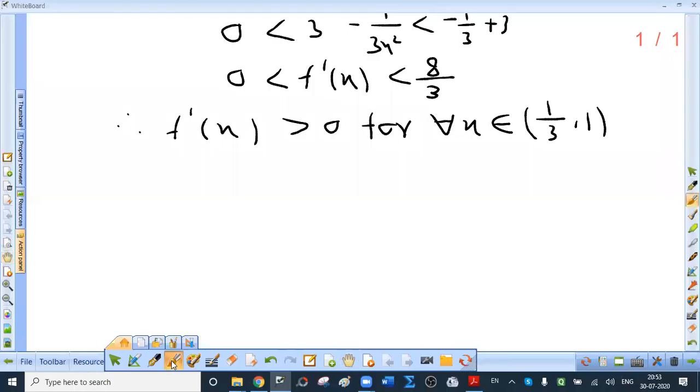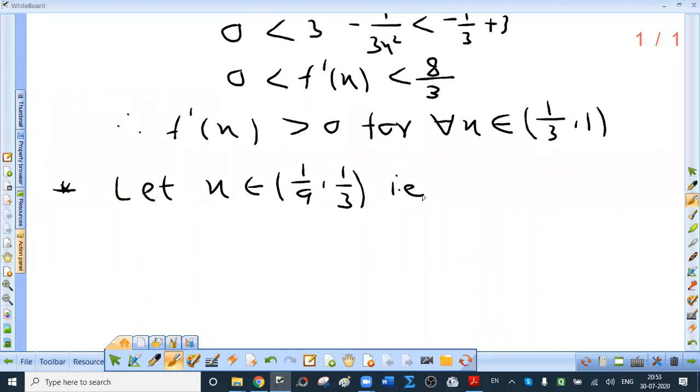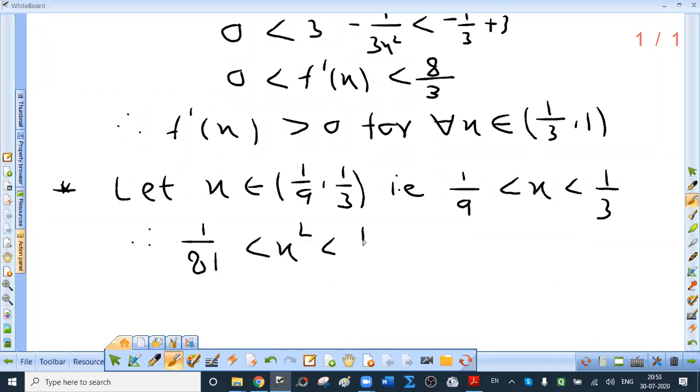Okay. Now second part. Let x belong to open interval 1 by 9, 1 by 3, that is 1 by 9 less than x less than 1 by 3. So 1 by 81 less than x square less than 1 by 9. Therefore, multiply by 3.